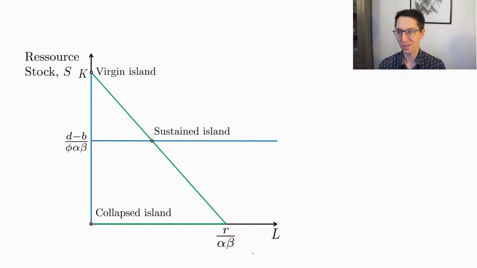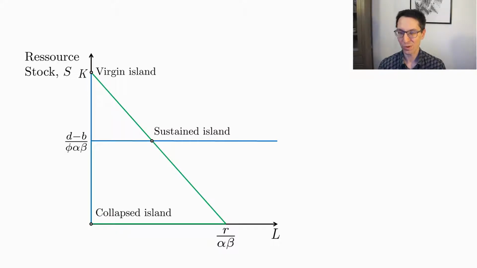Now, of course, the more interesting part is to look at what happens away from the steady state. We have already done that separately for the dynamics of the resources and the dynamics of the population, but in the same way, we're going to put everything back together. So when you look at this, you have to do it systematically and step by step.